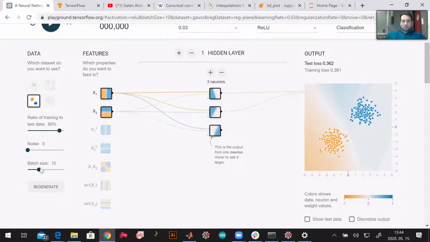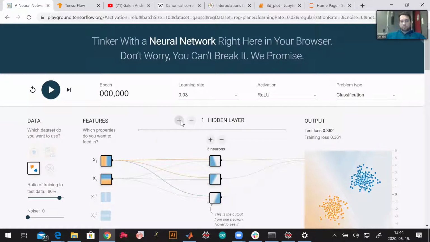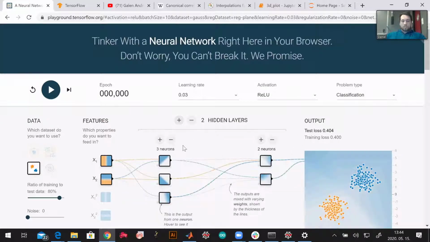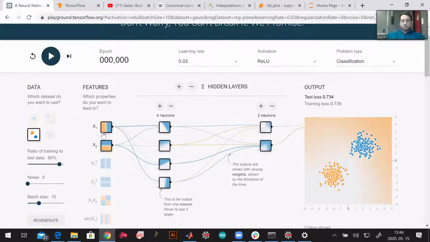And you can also increase the number of instances that would be put into the network, which is the exercise. All right, in the middle, you can add more hidden layers to the network. And also in each hidden layer, you can add more or fewer neurons. This is the input of the data, which in this case is very simple.